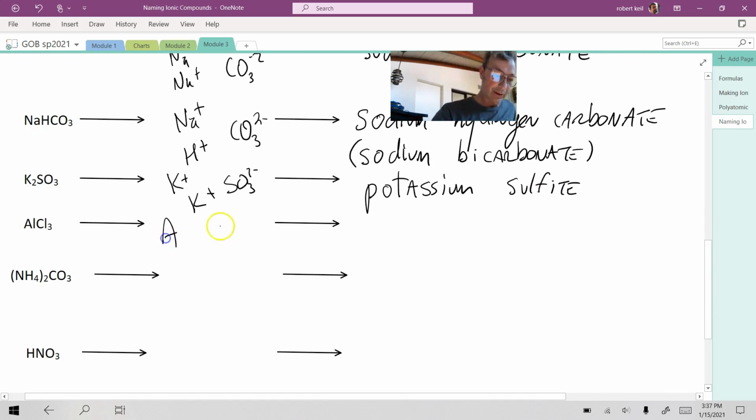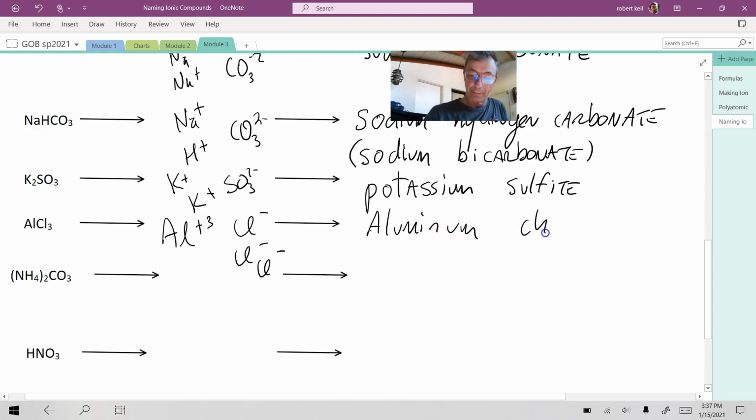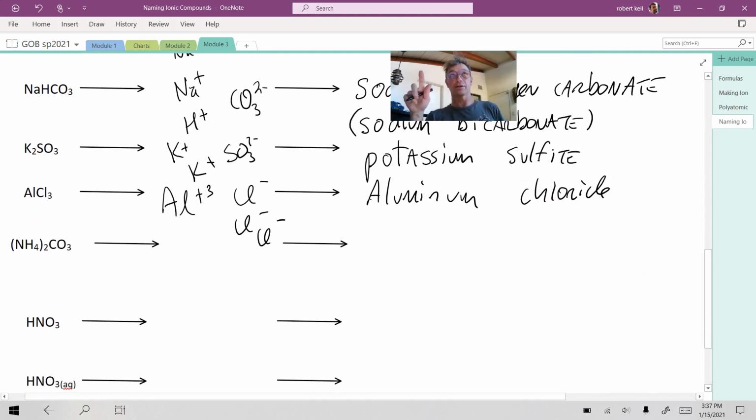So moving along, this one is sort of similar to the chromium one I did earlier. This one has quite a few different names. First of all, how you pronounce it and how you spell it, or if you're English, we spell it apparently, well anyway, you can call it aluminium.